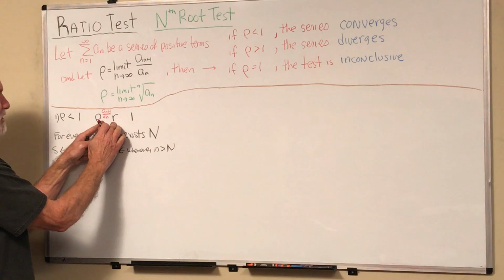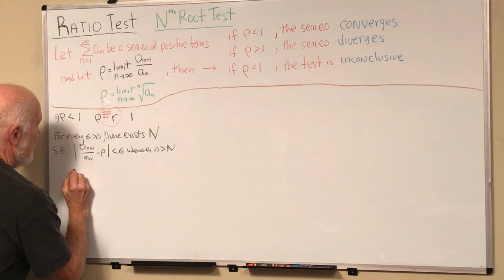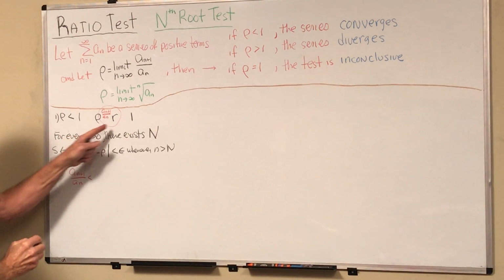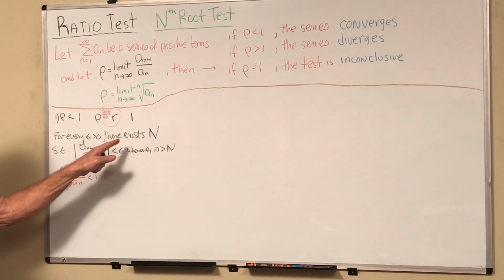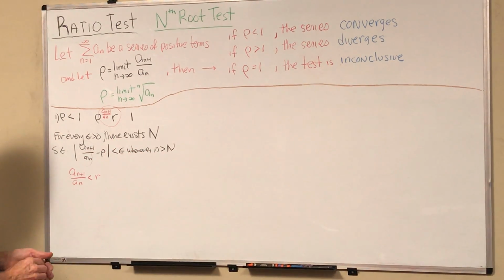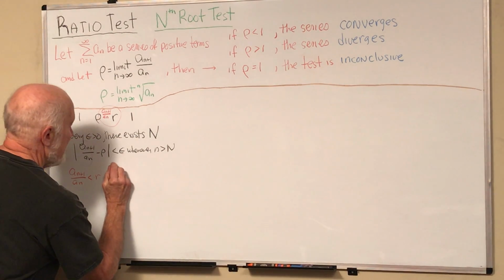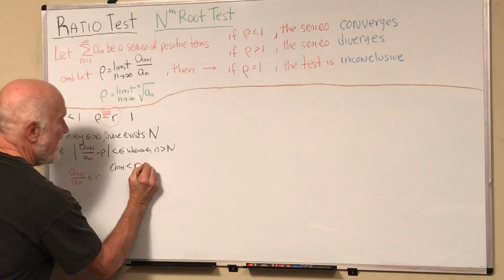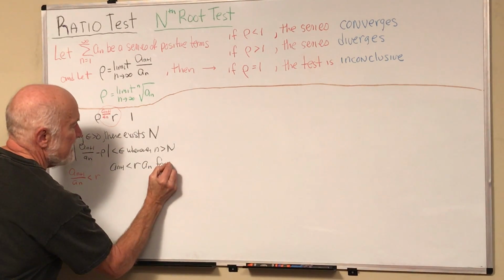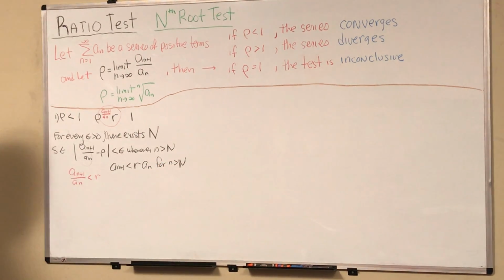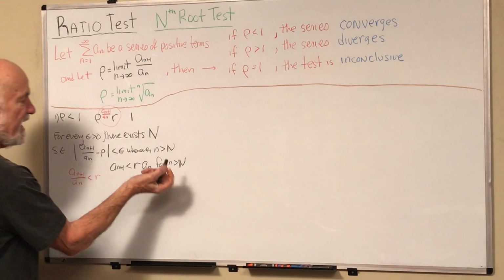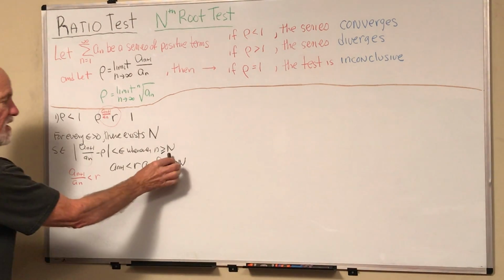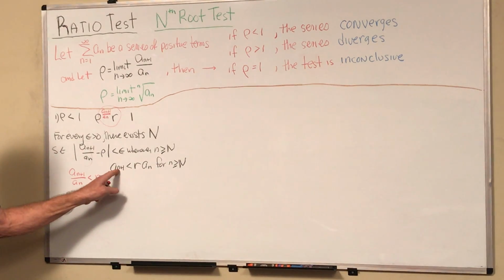So the conclusion is, if we just look at this, that a sub n plus 1 over a sub n is going to be less than r for all values of n greater than N. Or if I just multiply, I can say a sub n plus 1 is less than r times a sub n, for n greater than N. So we're going to start, actually all of these should have been greater than or equal to N. So we'll start right at big N. And we're going to put big N in here.